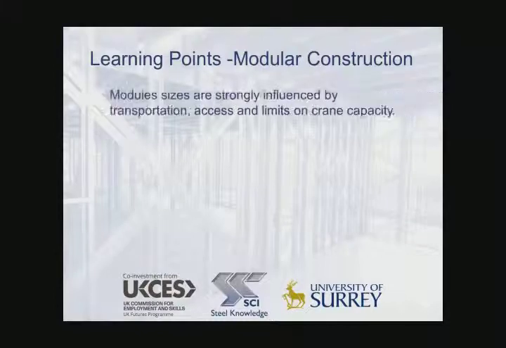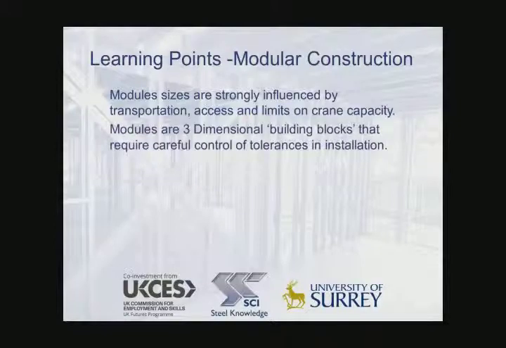So what have we learned about modular construction? Well, module size is strongly influenced by the requirements of transportation access and limits on lifting capacity of the crane. Modules are essentially three-dimensional building blocks that require careful control of tolerances in installation on site.